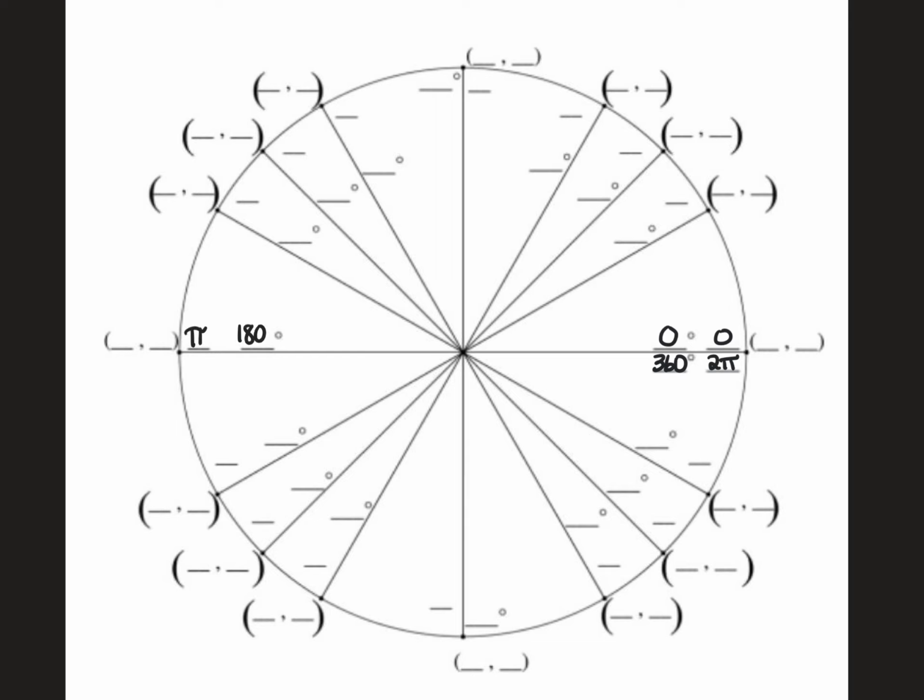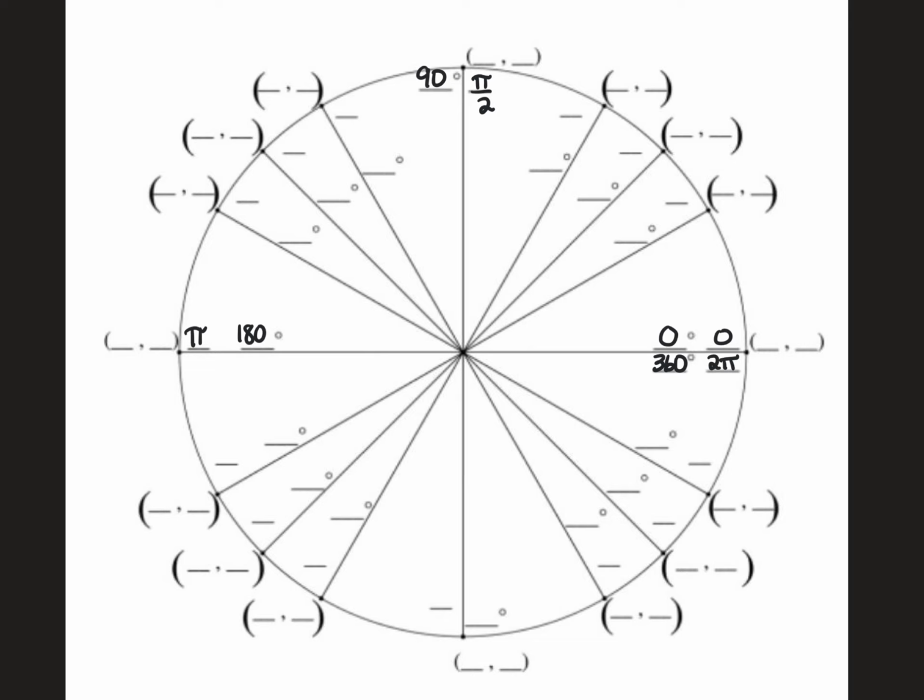Now we can start thinking of this in terms of a half rotation, a quarter rotation, and so on. If I rotate to here, most of you can recognize that that's 90 degrees. Now, 90 degrees is half of 180, so this radian measure would be half of pi. So this will just be pi over 2.